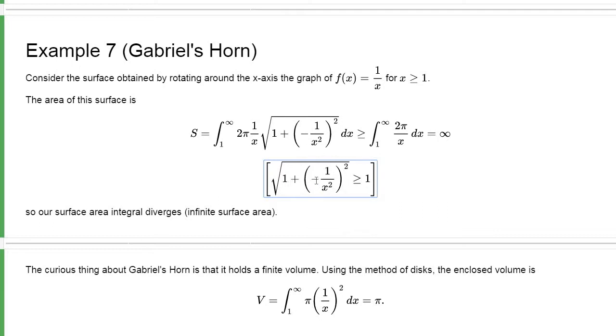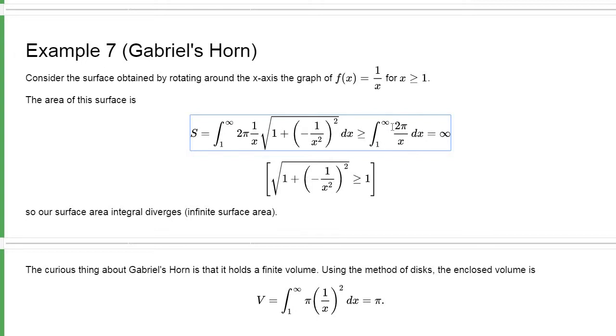There's a minus sign there, but remember this is squared, so 1 over x squared is positive. So 1 plus something positive is bigger than 1, and the square root of that is bigger than 1. So this whole integral is bigger than what I get by replacing the square root with 1, a potentially smaller integral.